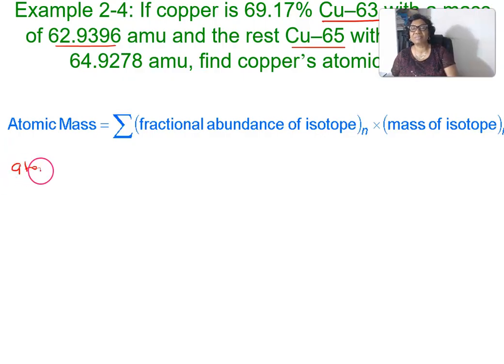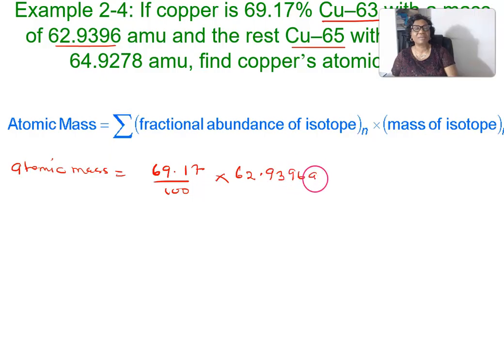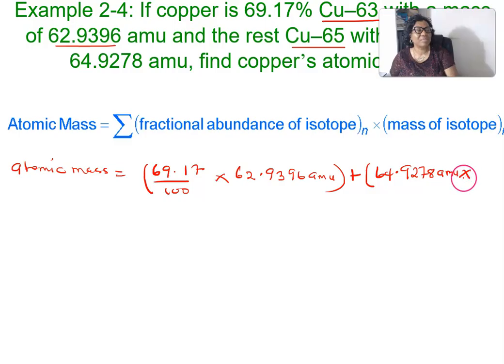So atomic mass equals to, we have percent of copper 63 is 69.17 over 100 times 62.9396 atomic mass unit plus 64.9278 atomic mass unit times, we need the percent of copper 65.